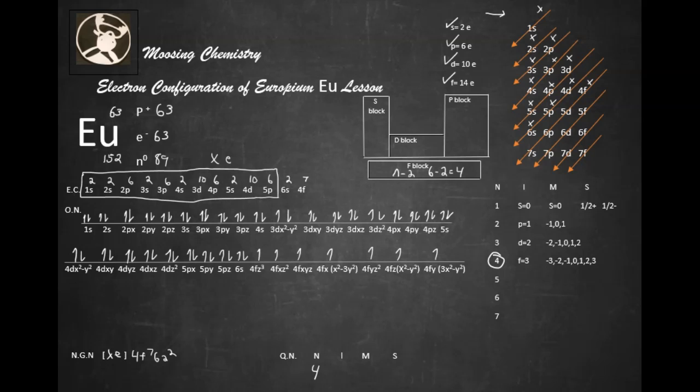Our angular momentum number, our l number, is 3 because it is in the f block. And then it's the 7th one over, so it's -3, -2, -1, 0, 1, 2, 3. So it'd be 3 positive. And the last arrow, of course, is going up, right? So it's going to be 1/2 positive.